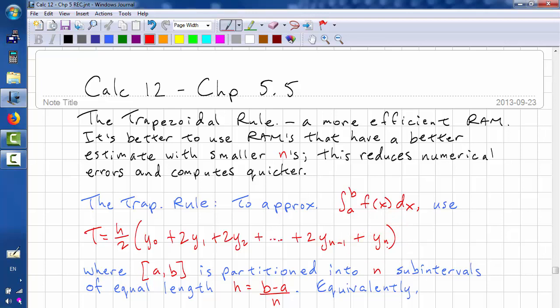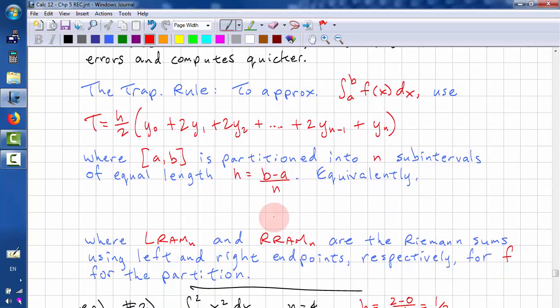Okay, so we double up every value except the first and last. Where the closed interval a to b is partitioned in n subintervals of equal length, h is equal to b minus a over n. Okay, h is not great because we use h for height, but here we say the width is h.